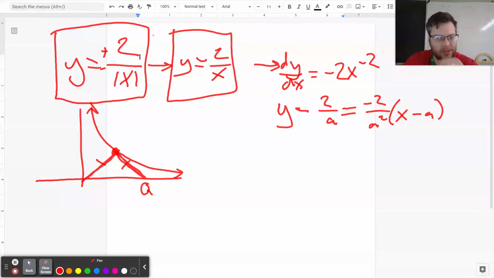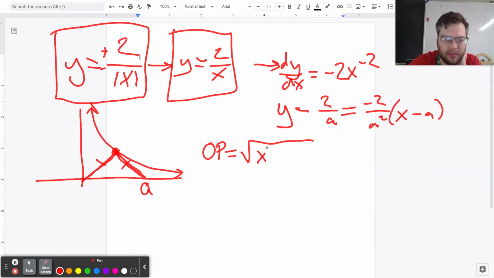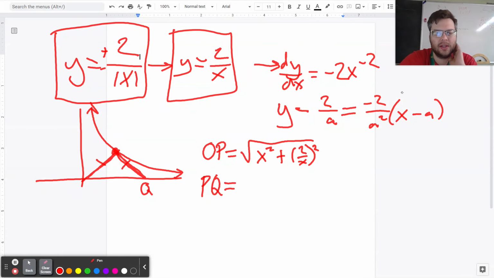And if you go and actually calculate the distances now, you can see that the distance between OP is the square root of x squared plus 2 over x squared. And if you do the distance between PQ, that is using this formula right here.